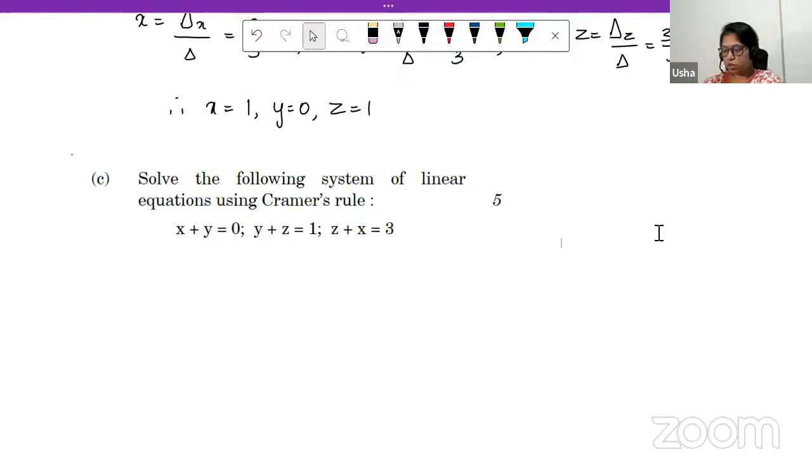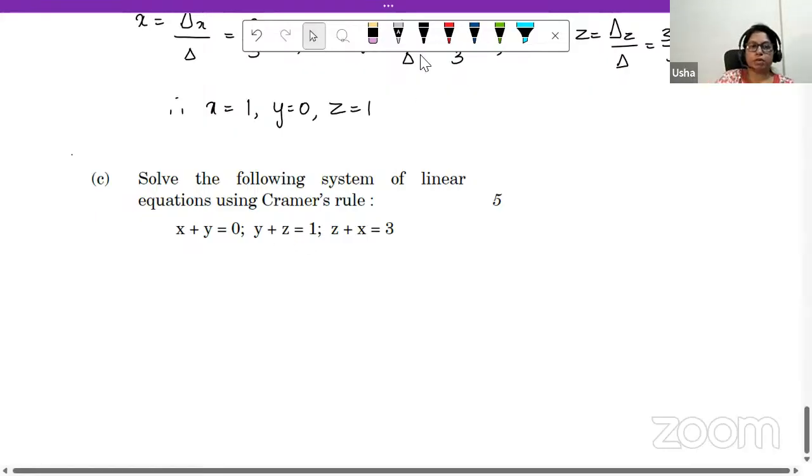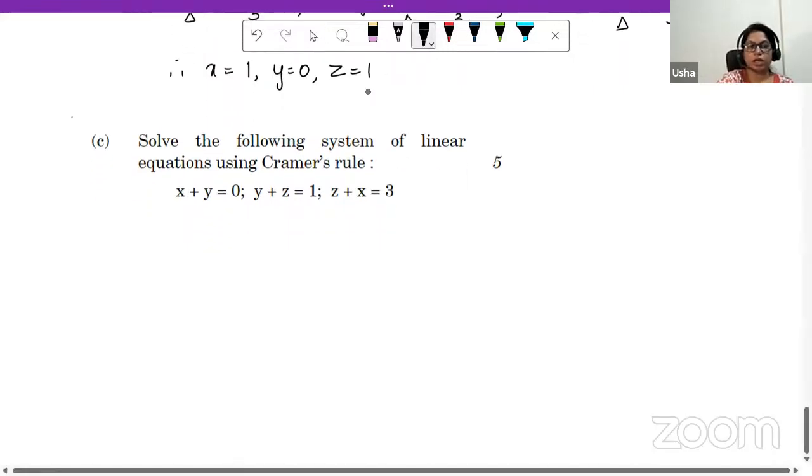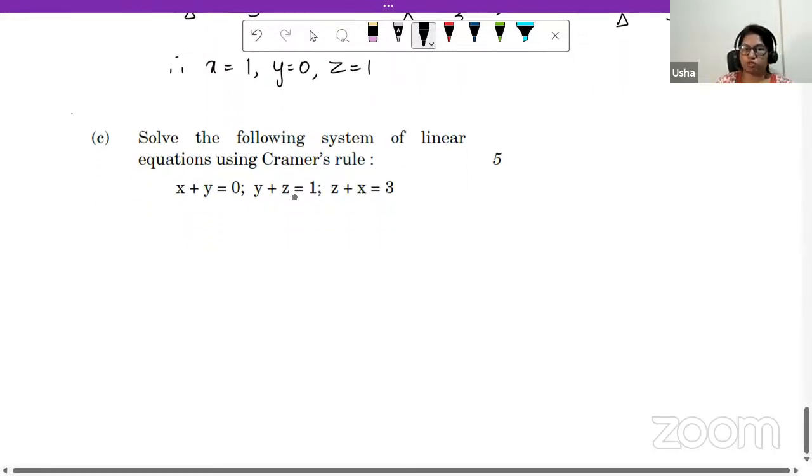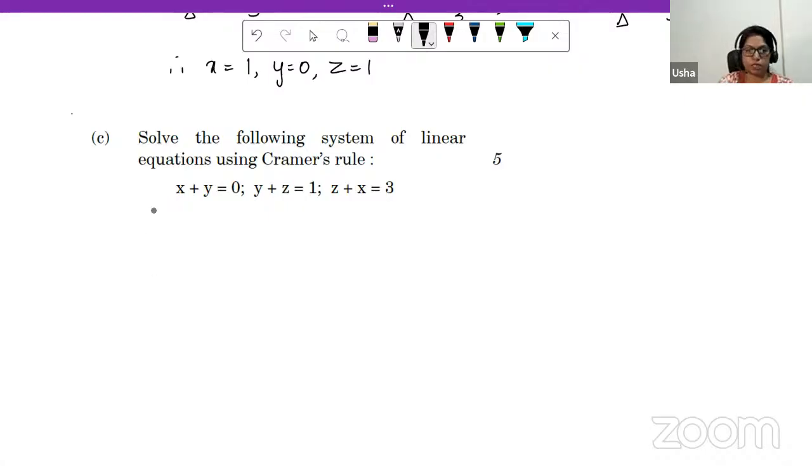Okay, so we will solve this problem now. Cramer's rule, same as previous, but here you see x, y, and z, 3 variables are there, but in every equation you have only 2 variables. So we'll first write the delta determinant. X, y, and z coefficients you should write. X is 1, y is 1.